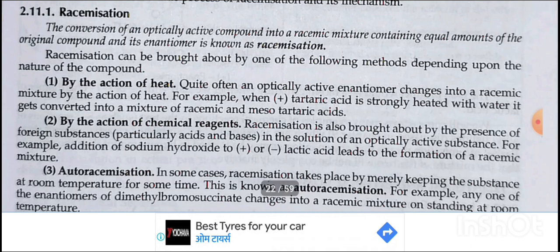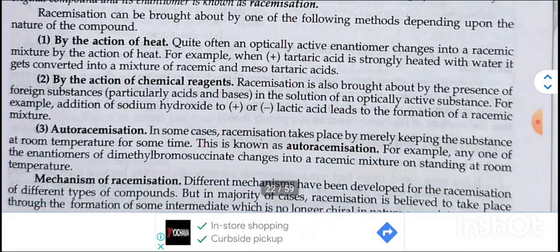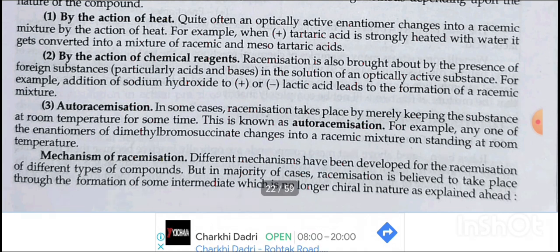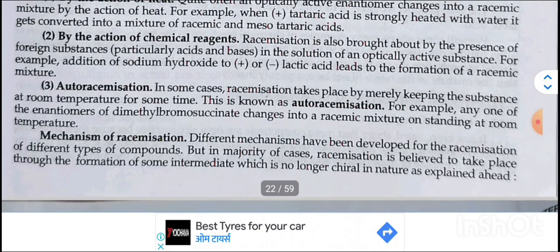By the action of chemical reagents, racemization is also brought about by the presence of foreign substances in a solution of optically active substances. For example, addition of sodium hydroxide to lactic acid leads to the formation of a racemic mixture.